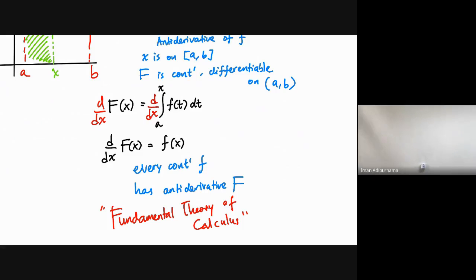So this is the section where we need to relate, or connect, the idea of the derivative and the idea of integration. I will write some proof of why this is true. It's quite long, but I think you can just point out the key points.